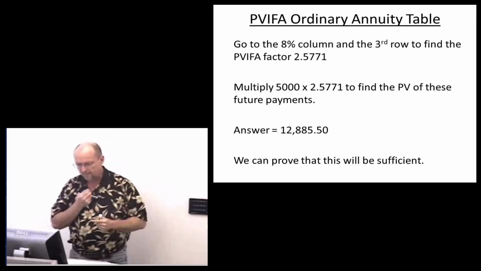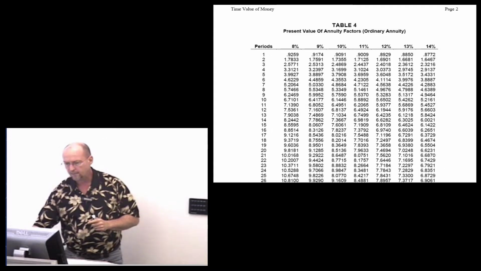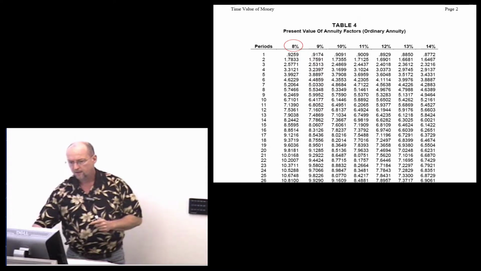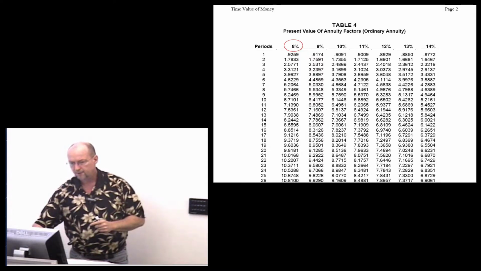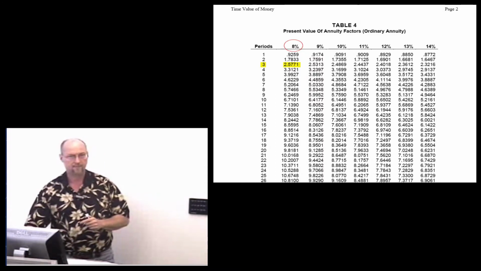So I go to the table, and I'm going to go to that table right now. Here is my present value ordinary annuity table. Here's 8%. Okay, and for 3 periods, I see 8% column, third row, 2.5771.